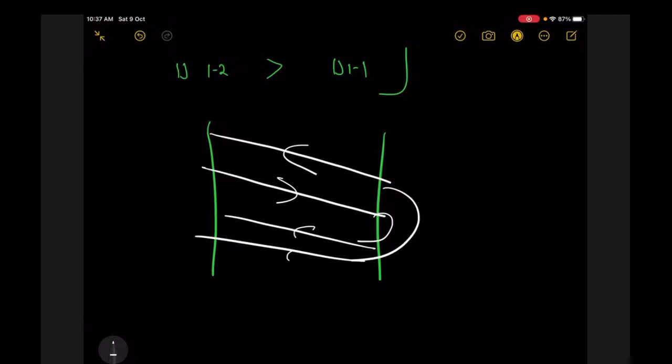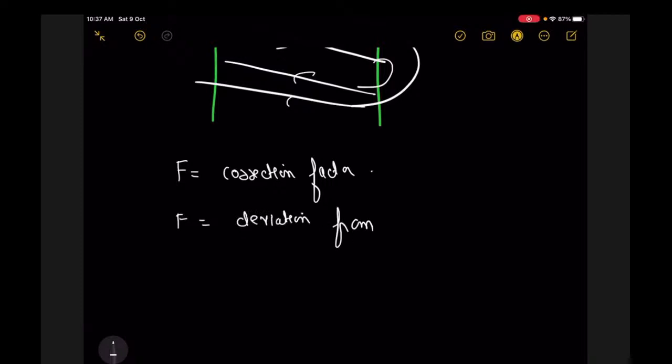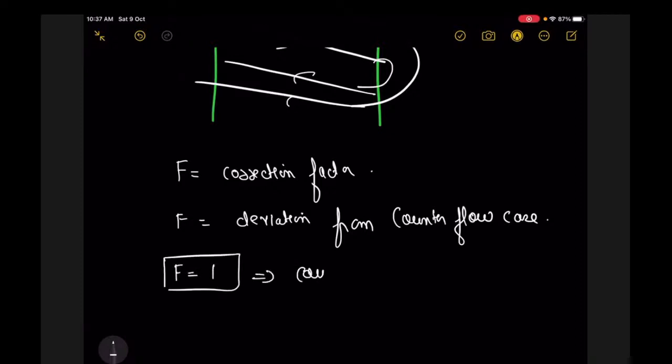There is one term which will be introduced, known as the correction factor, F. What is this F? F is the deviation from the counterflow case. If F equals 1, it means the system is counter current.